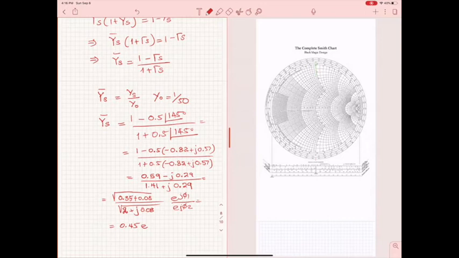Let me find this one. Can anybody do it faster than I am?